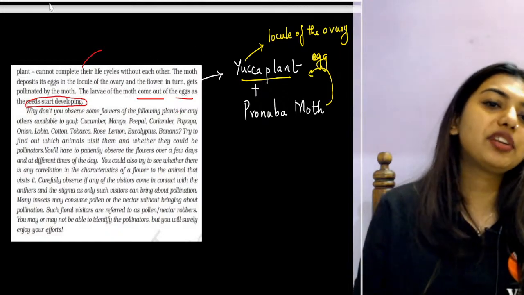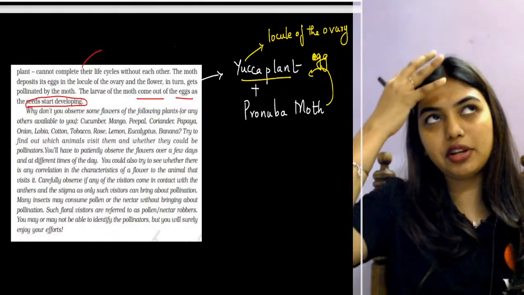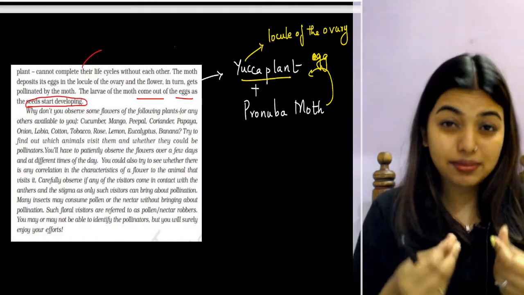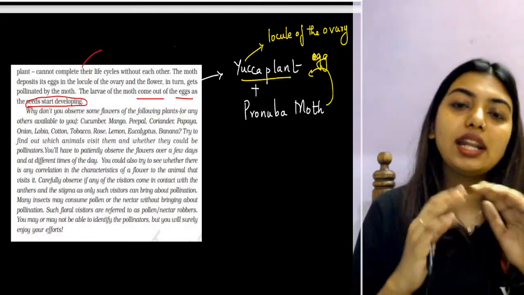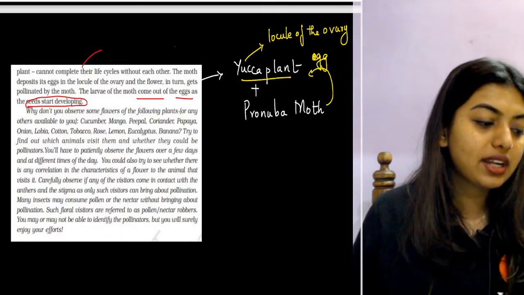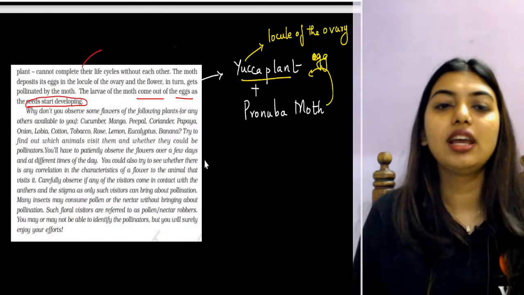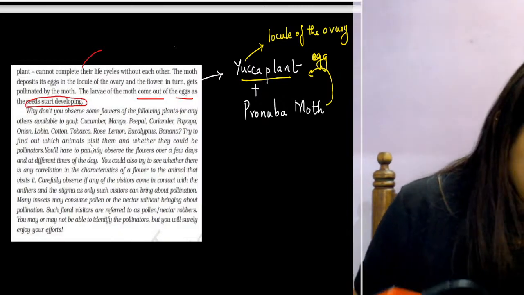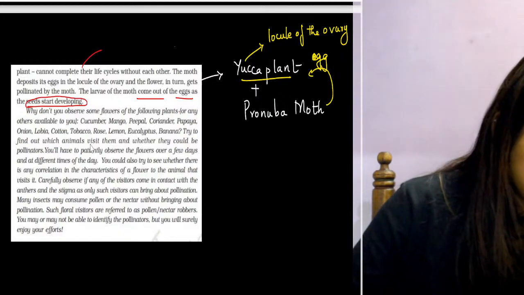Symbiotic, both should be benefited. Here maybe only one is getting benefited because the moth is able to put the egg in the ovary, and it is going to be a safe place for the moth to develop, right? It is going to provide a shelter. Same thing goes with ants. Okay, is this clear?